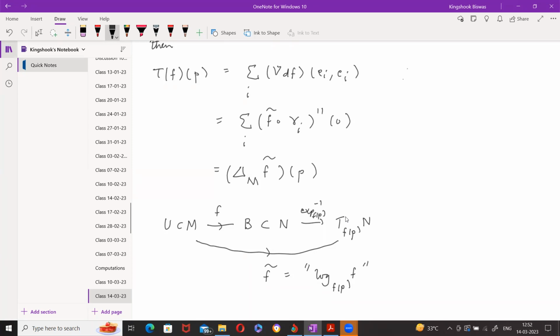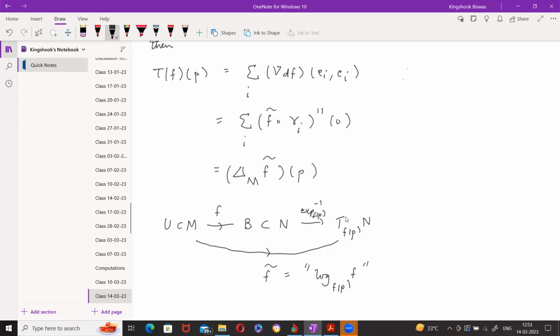what this shows you is that to define the tension field, you don't actually have to go through the whole machinery of induced connections on dual bundles and tensor product bundles and so on in order to define the second fundamental form of a map and so on. You just need the Levi-Civita connection on M and the exponential map of N. That also depends just on the Levi-Civita connections, right?